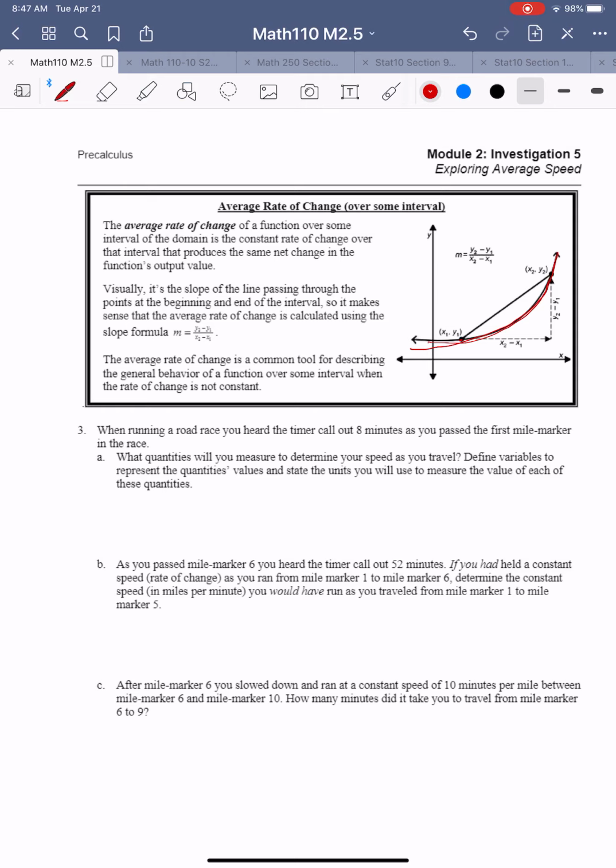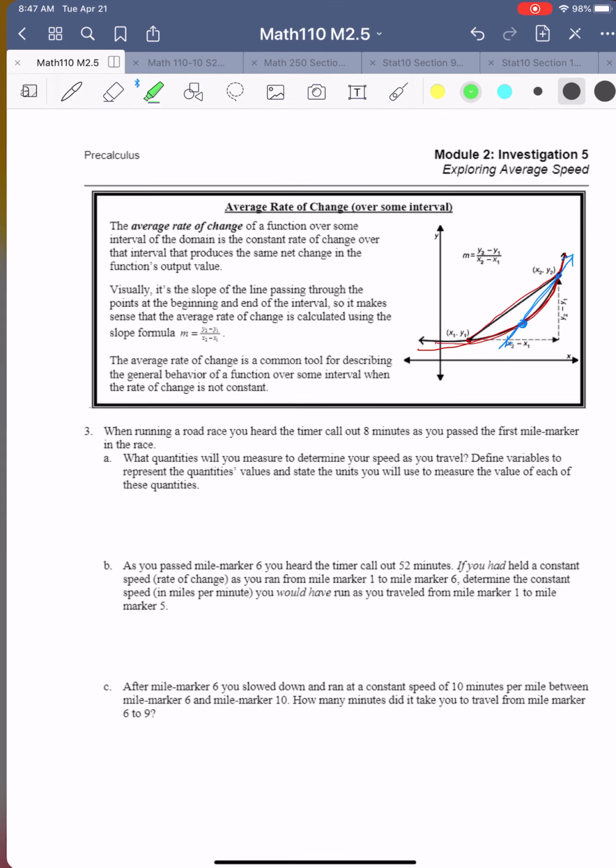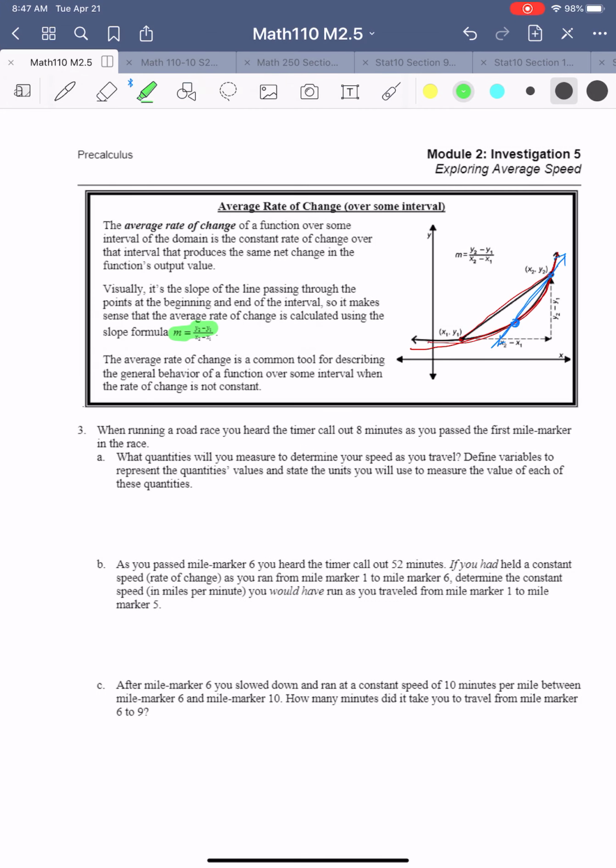When you choose these two points you get this line, but what if you choose from this point to this point? You see that there's a different slope, right? So in order to describe the rate of change of this whole function, we have to use the average rate of change. Usually we find it from two points on the graph anyway, so the formula is the same.